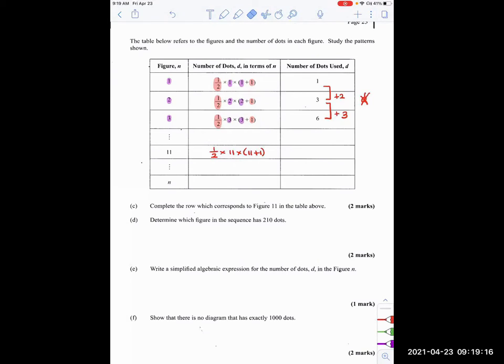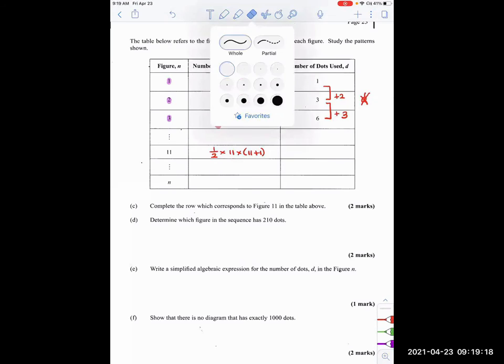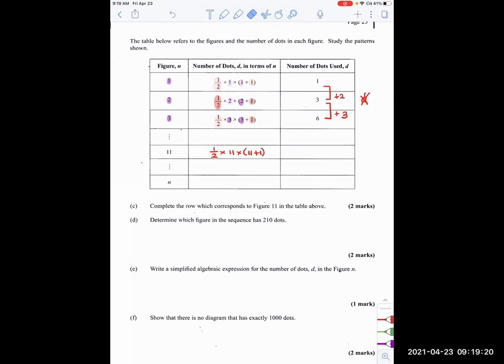How much is 1 plus 1? 2. So we have a half multiplied by 1 multiplied by 2. What will cancel? 2. So I will get 1. You all see that? Yeah, miss.